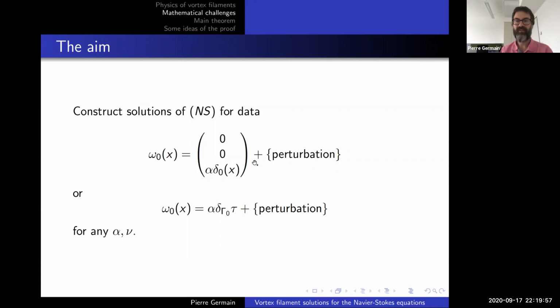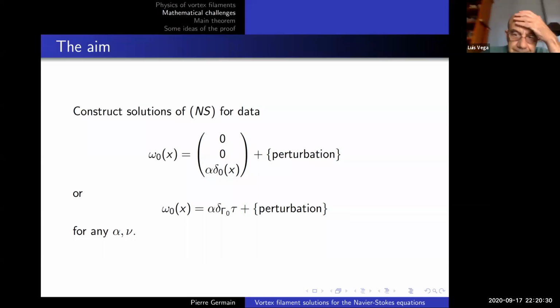So of course, if there was no perturbation in the straight case, we know that the solution would be given by the Lamb-Oseen vortex. But if you add a perturbation, this destroys this exact structure and things become complicated. Now, if you think of the curved case, even in the absence of a perturbation, it's not clear at all that the Navier-Stokes equation admits a solution.